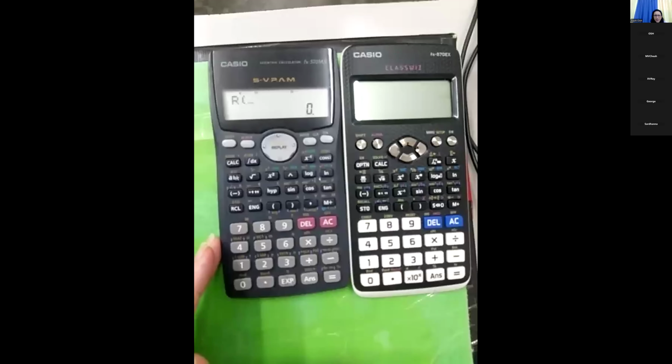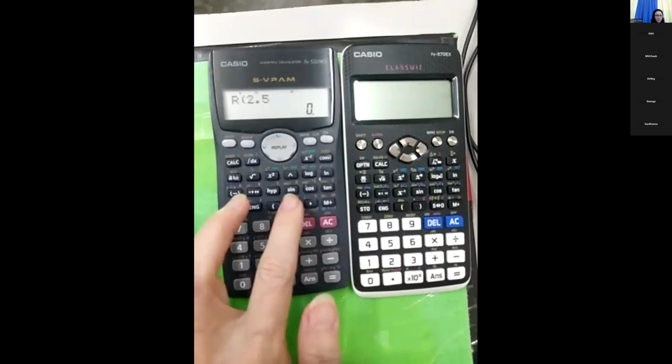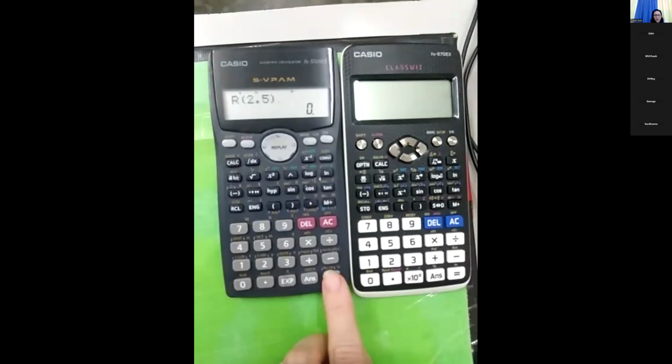Back again, R is for right side. So just now 2.5, right? You key in 2.5. Close the bracket, then you put equal. Can you see the answer given is 0.00 and 30 in front?